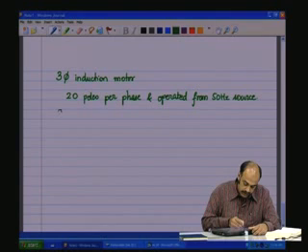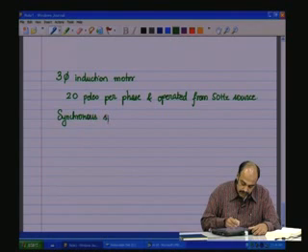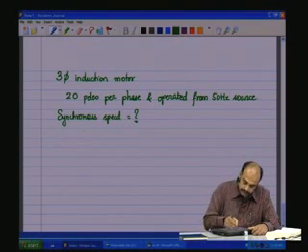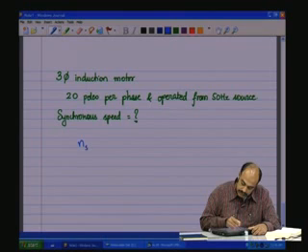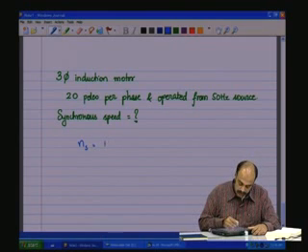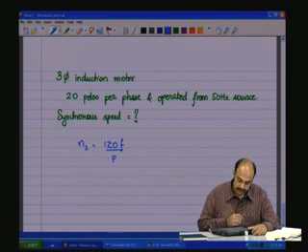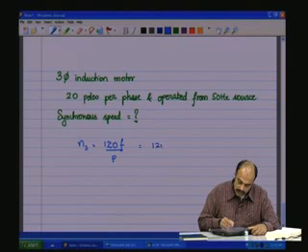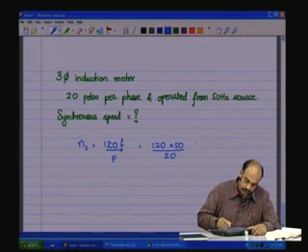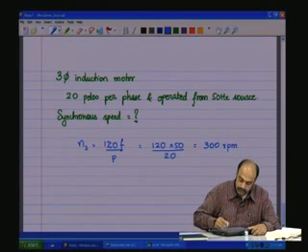Now what is the synchronous speed? We know that Ns in RPM is given by 120 applied frequency by P, where P is the number of poles per phase. So this will be 120 into 50 divided by 20. That is 300 RPM, revolutions per minute.